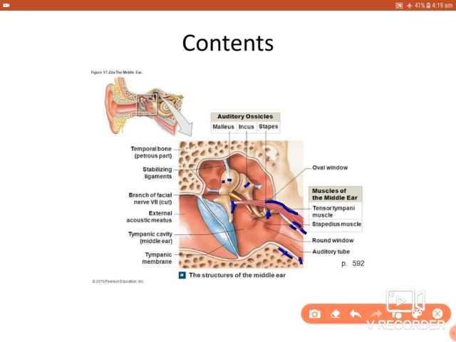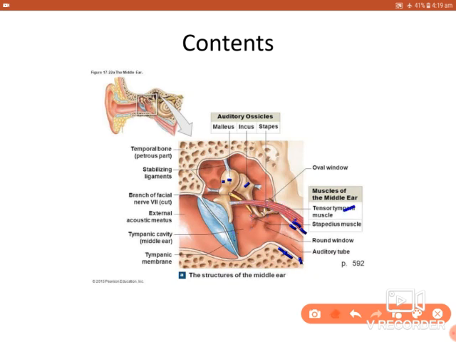When the muscle contracts, it pulls the tympanic membrane medially, and due to that there is the convexity of the tympanic membrane you can see over its medial surface.